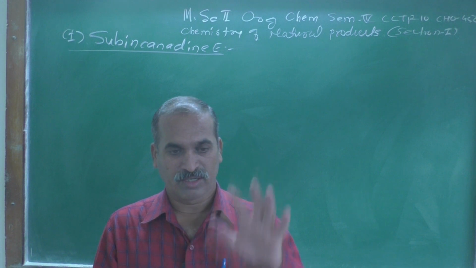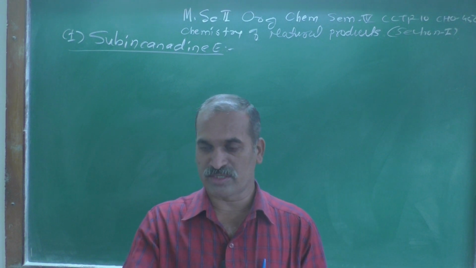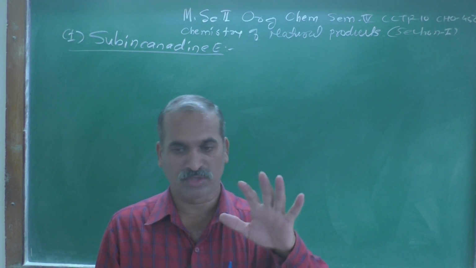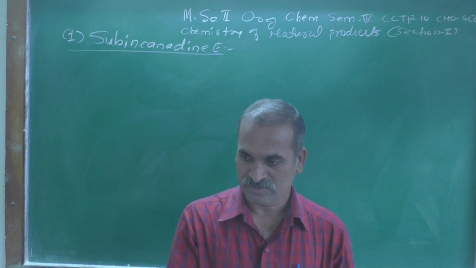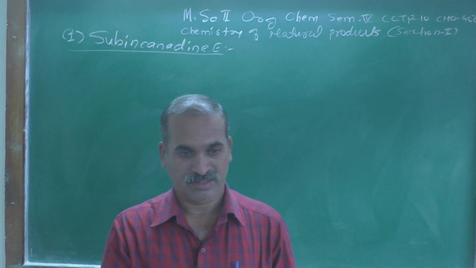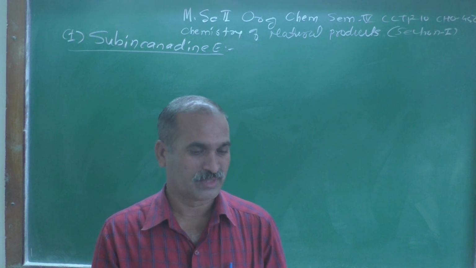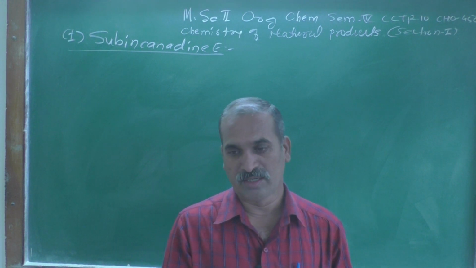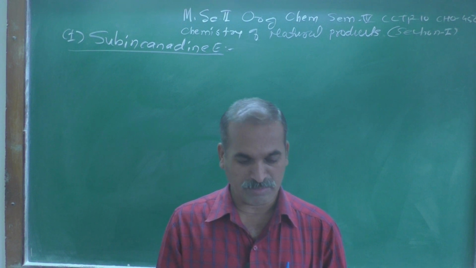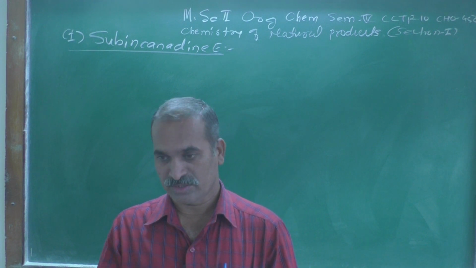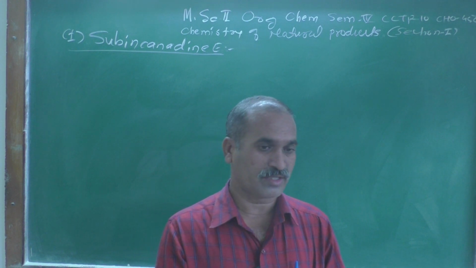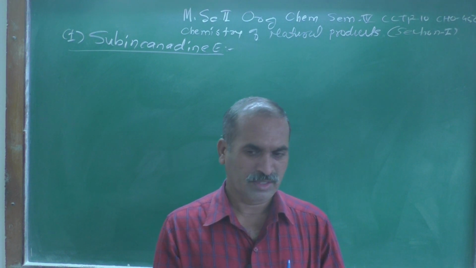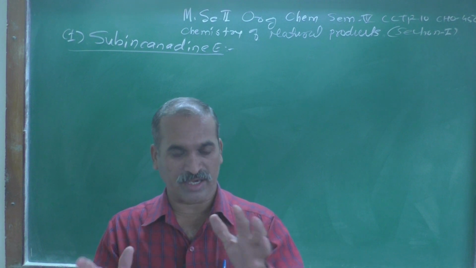Isomerism is further divided into two types, which we already discussed in our previous classes. Even from 11th standard to M.Sc. you are learning stereochemistry, so let me give just a brief idea regarding that.